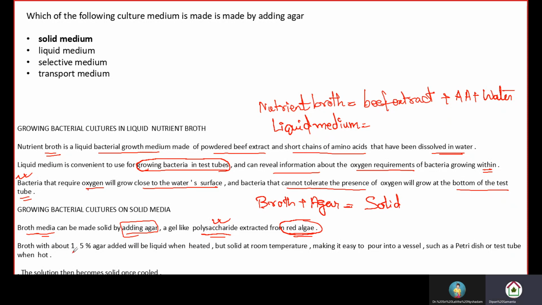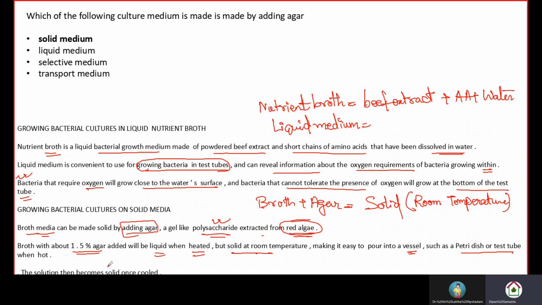Broth with about 1.5% agar added will be liquid when heated, but at room temperature it is solid, making it easy to pour into a vessel, such as a petri dish or test tubes, when hot.